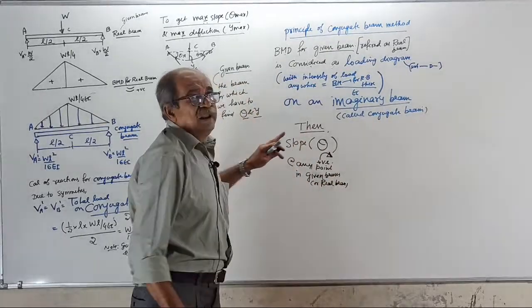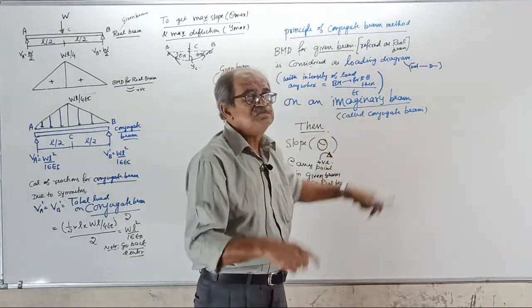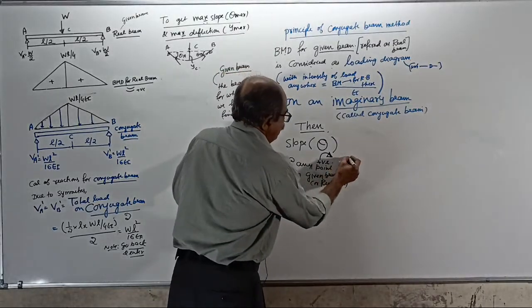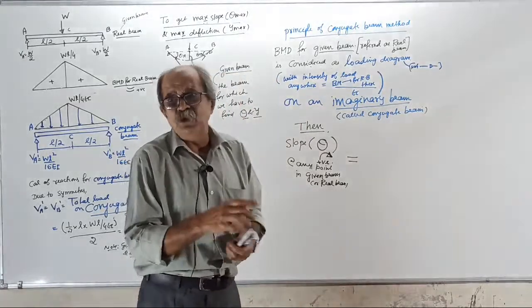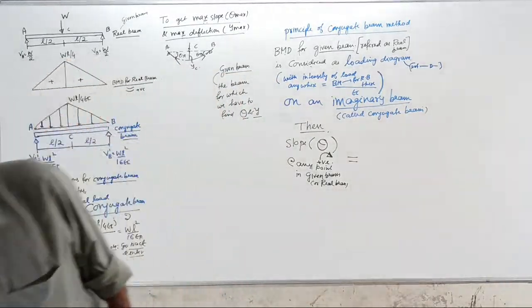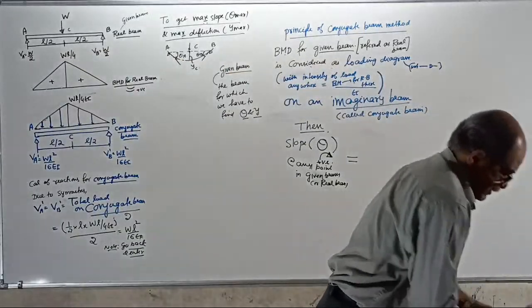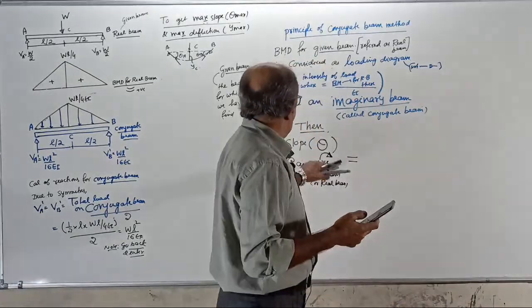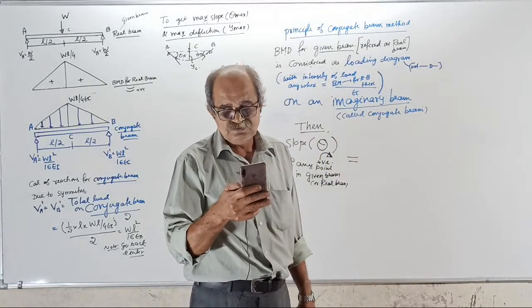See, real beam is black, conjugate is blue, is equal to... Anybody can tell if you know it? Slope at any point in real beam is equal to.